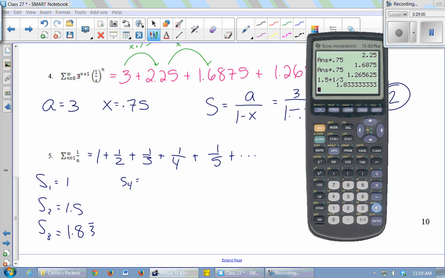And then plus a fourth, 2.0833. Plus a fifth, 2.283. Then 2.45.